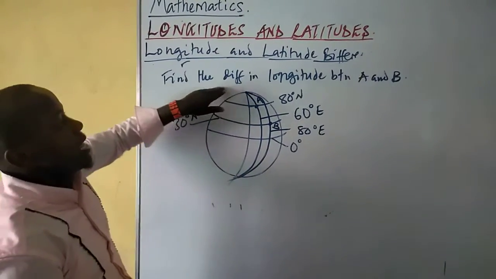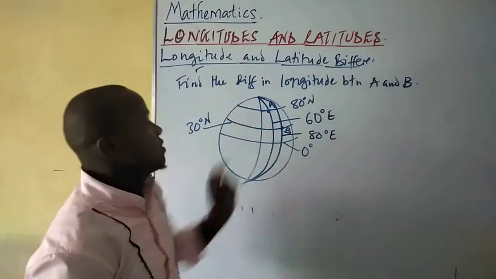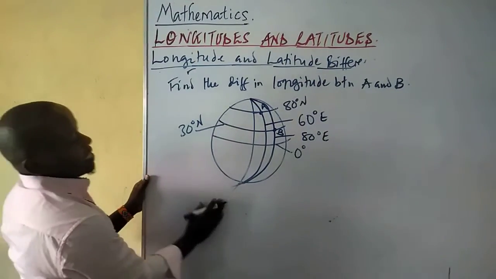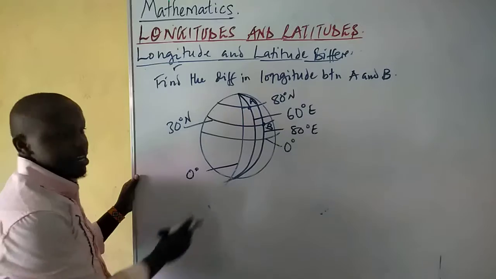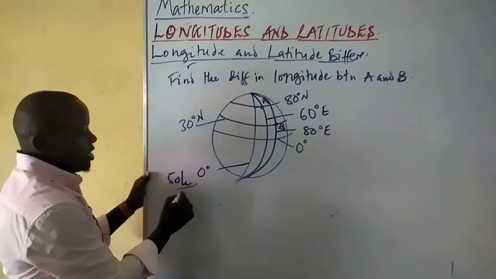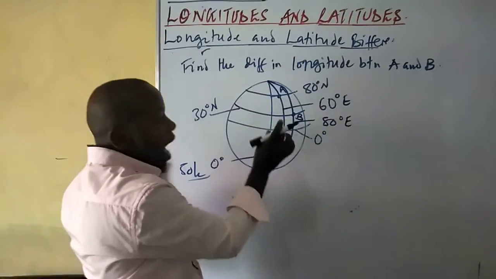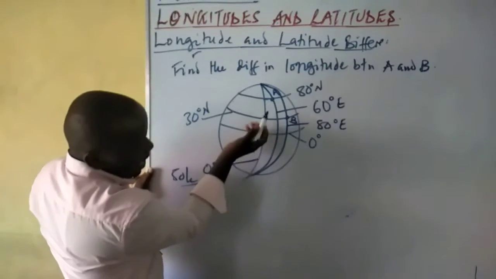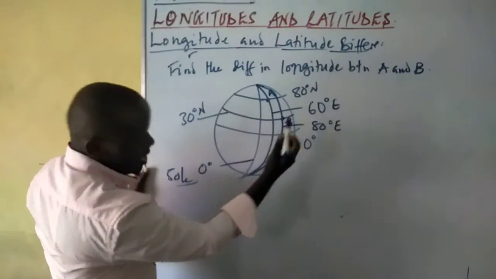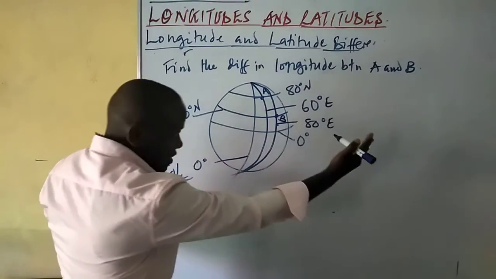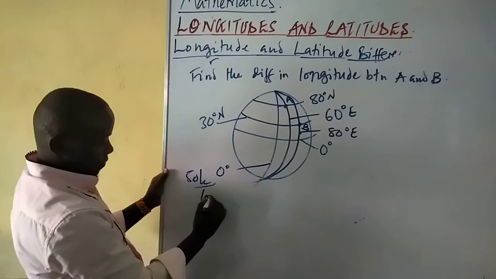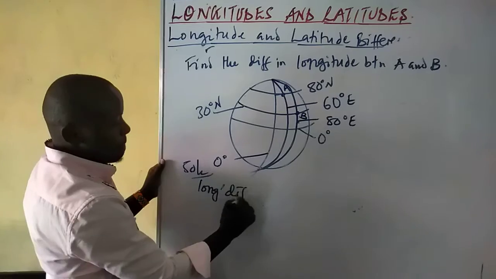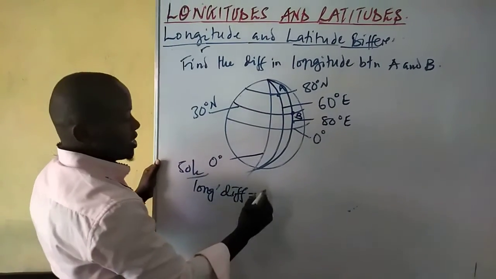Then we are told to find the difference in longitude. So we can see that the prime meridian is here, 0 degrees, and A and B are on the same side. A is at 60 degrees east and B is at 80 degrees east, and therefore the longitude difference, because they are on the same side, we subtract.